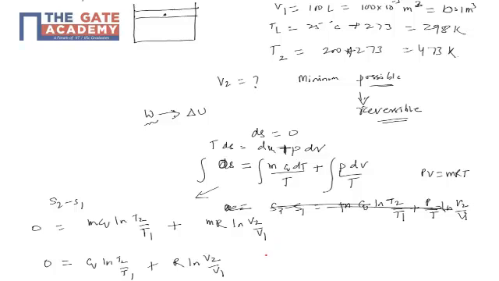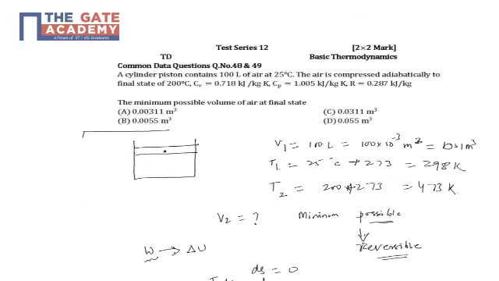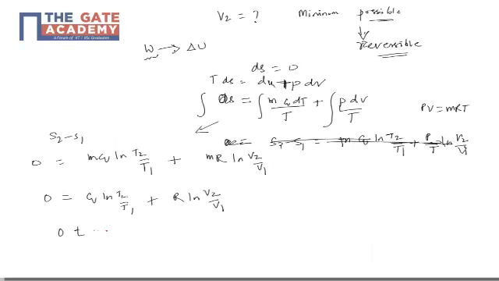So now because we know the change in entropy is 0, Cv is given as 0.718, so 0.718 ln of 473 by 298 plus R, which is 0.287, ln V2 by V1. So from this equation, you can just find out directly what is ln V2 by V1, and then you have to take exponential on both sides.